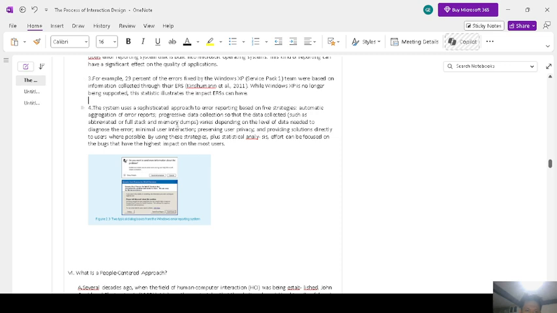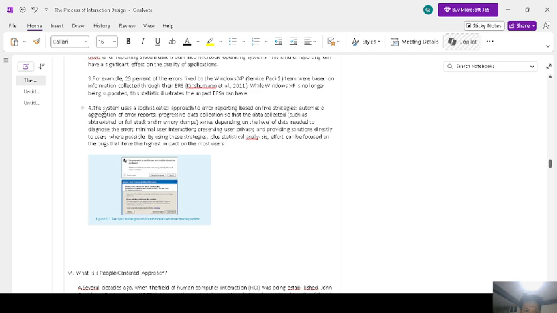The system uses a sophisticated approach to error reporting based on five strategies: automatic aggregation of error reports, progressive data collection, so that data collected, such as abbreviated or full stack and memory dumps, varies depending on the level of data needed to diagnose the error, minimal user interaction, preserving user privacy, and providing solutions directly to users where possible.